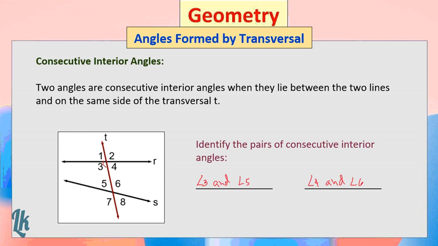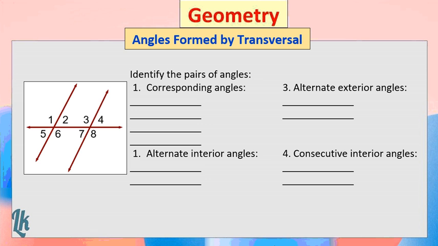So let us consider the following as exercises. We have two lines that are parallel, or we can assume that they are parallel, and a third line intersecting those two other lines. So this horizontal line is the transversal. Let us name the corresponding angles. We define corresponding angles as the angles that are on the same side of the transversal and they have the same positions.